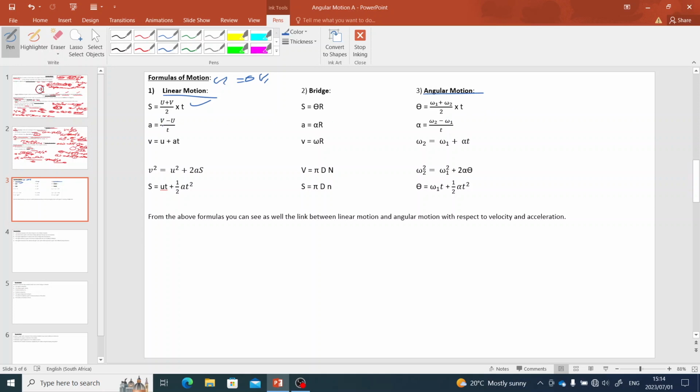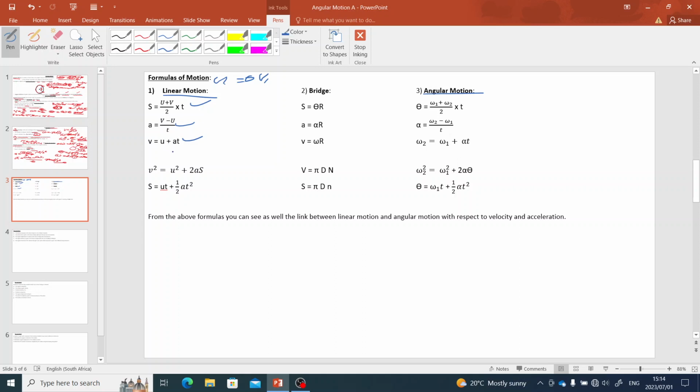Then we have linear acceleration equals V minus U over time. Then this side it will be omega 2 minus omega 1 over time. Then we have this formula as well: under linear, V equals initial plus acceleration multiplied by time.